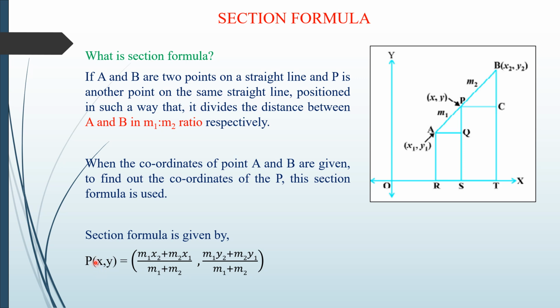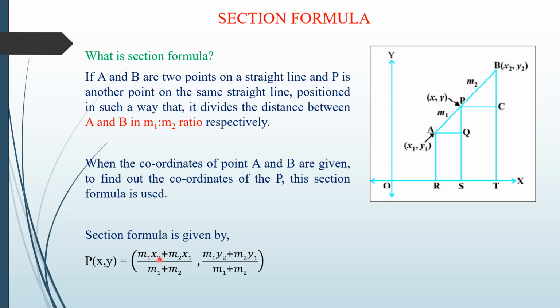Section formula is given by P(x, y), that is coordinate of point P here, is given by m1 into x2 plus m2 into x1 divided by m1 plus m2, then m1 into y2 plus m2 y1 divided by m1 plus m2. m1 plus m2 is nothing but the sum of the proportion in which this point is dividing this straight line.